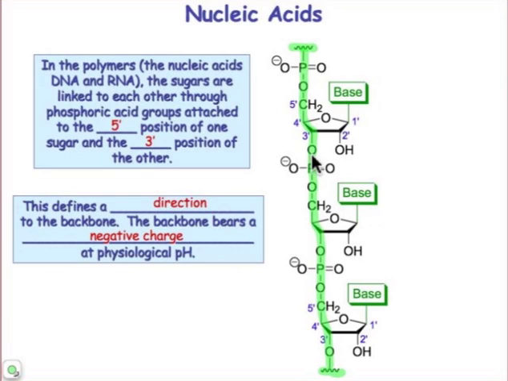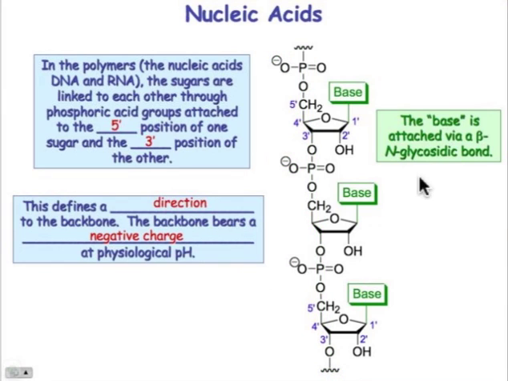So there's a clear direction to the backbone, just like in the polypeptide chain, where we could define a backbone direction from N to C. Here we can define a direction from the 5' to the 3'. The phosphate group carries a negative charge, so each repeat unit has a negative charge, and under physiological pH the nucleic acid backbone is highly charged.